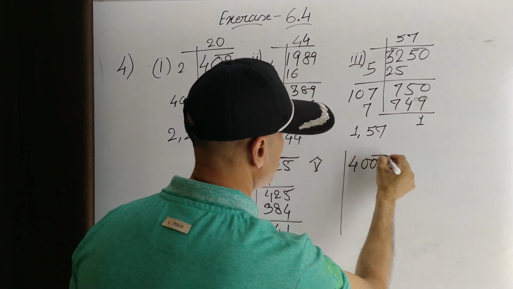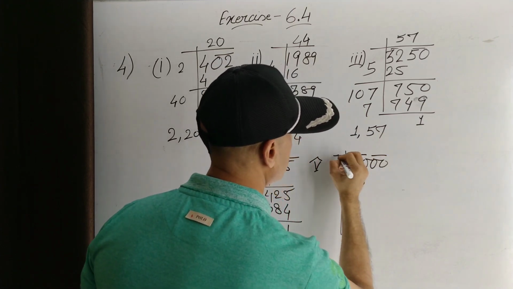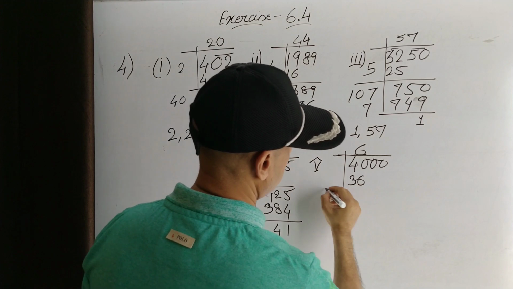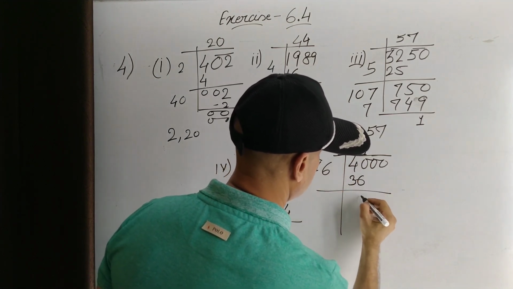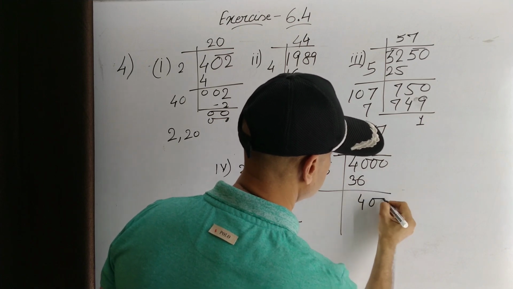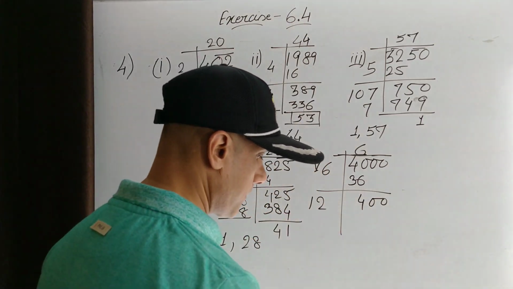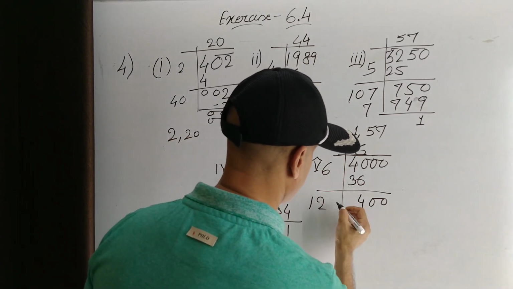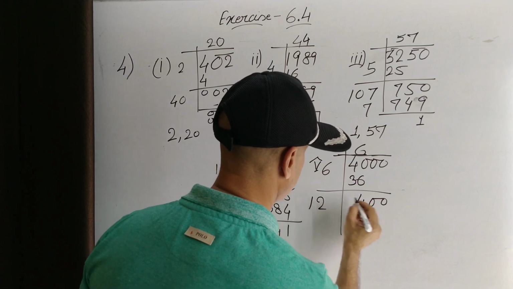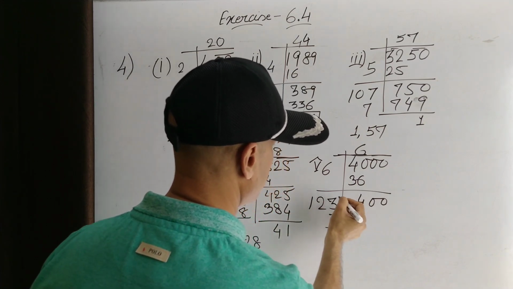This one will have 0, 0 as pair, 40 as pair. So we'll get 36 here, and we'll put 6 here, and 6, and we'll have 4, and get these two 0 down. Here we'll have 12. So we want 4 here, so if we put 4 here, we'll have 3 here, because if we put 4, we'll get more than 400.